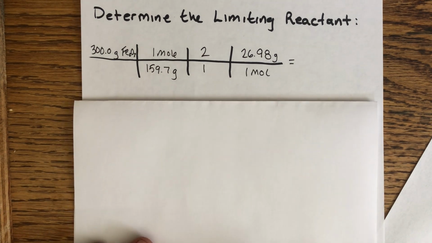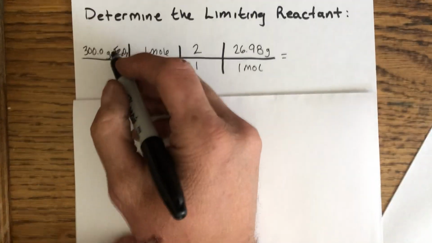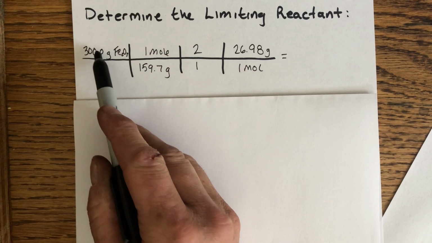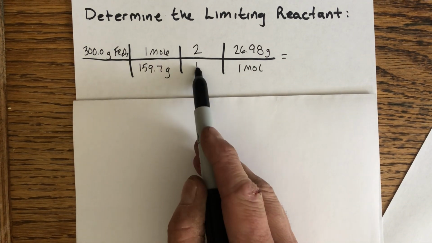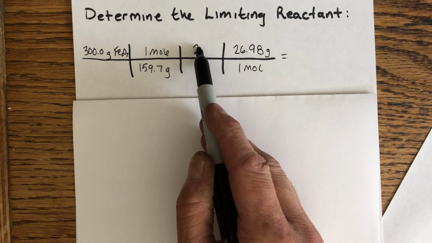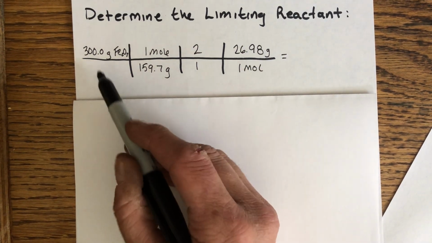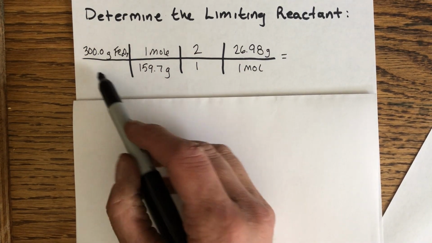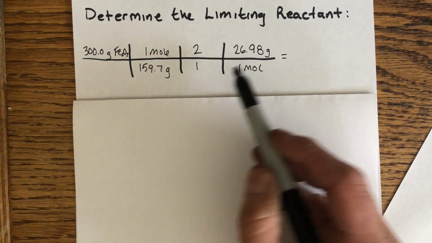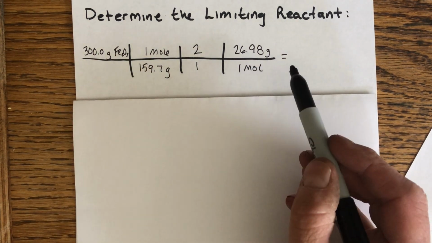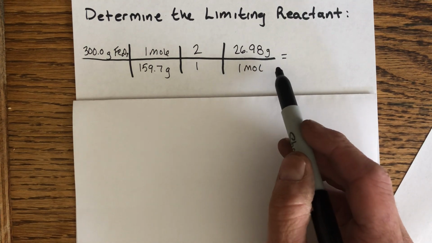Remember, this is grams of A, molar mass of A, coefficient of B, and then the molar mass of B. I want to consume all of the iron oxide, and I want to determine how many grams of aluminum this is going to take.